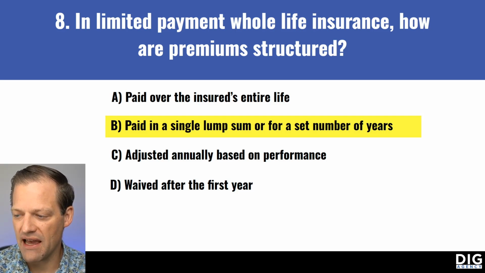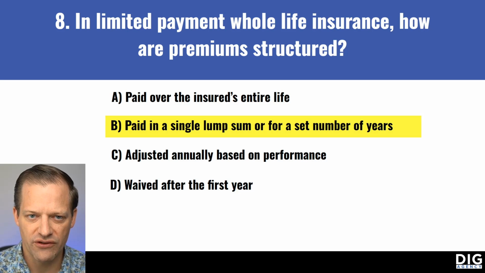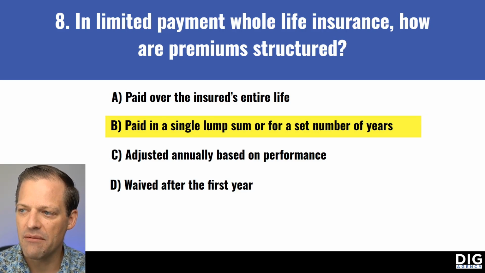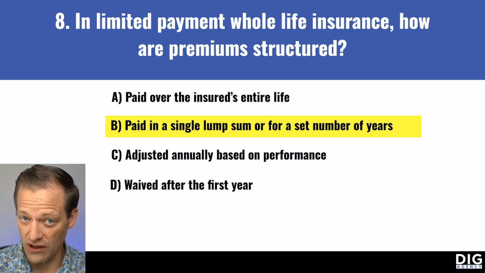Now remember, limited payment. So we're talking about the payment. And it's whole life insurance, right? So in this case, typically whole life insurance you pay till you die. But that's the ordinary life insurance we were just talking about, till the endowment date. But in this case, a limited payment says, hey, this is whole life insurance.